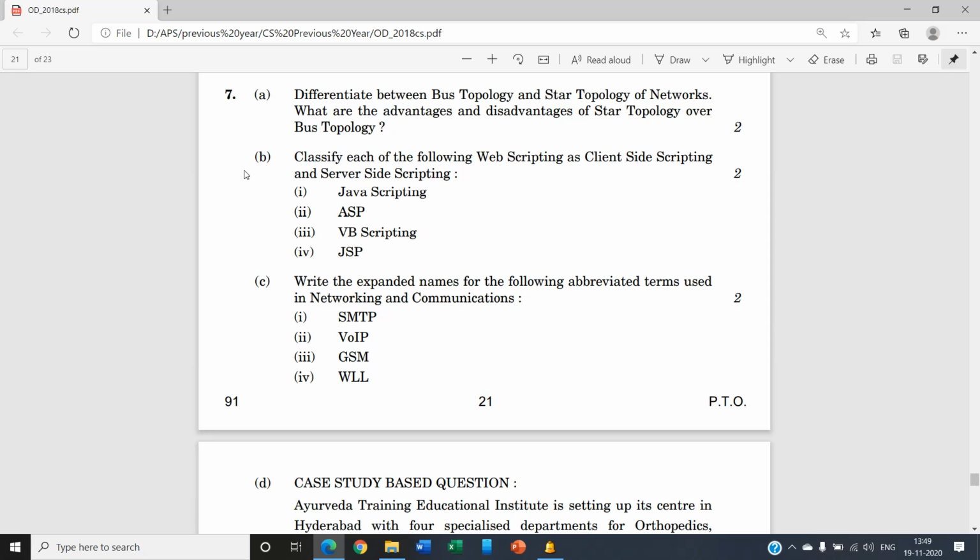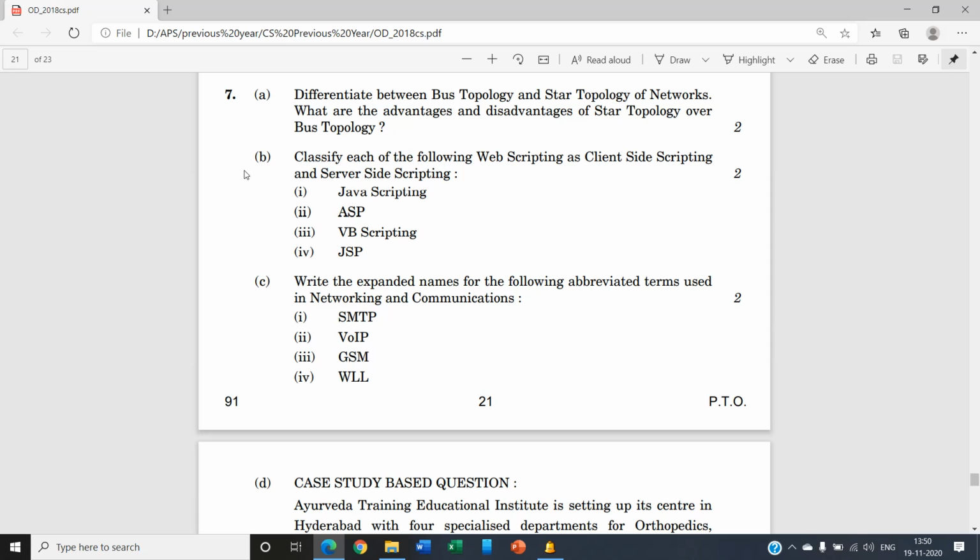Then coming to the advantages and disadvantages of a star topology over a bus topology. Let us first discuss the advantages. The first advantage is that star topology is more efficient in communication than the bus topology, as it doesn't share the bandwidth.